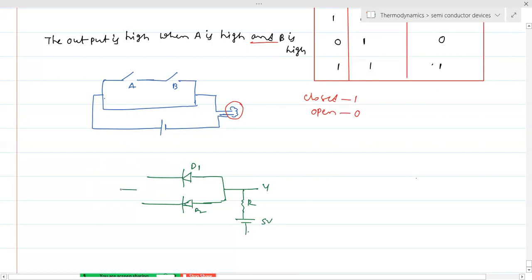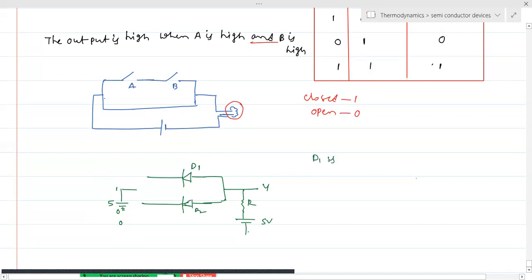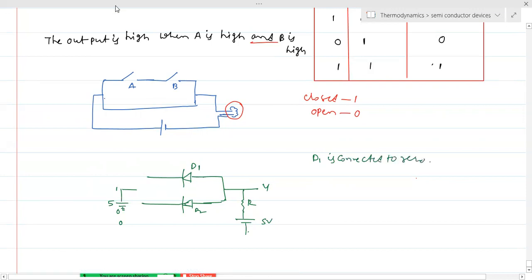And we have another battery also here. So here this is 5 volts and this is 0 volts. So 5 means we will say 1 and 0 means 0. Now we will understand the beauty of the circuit.